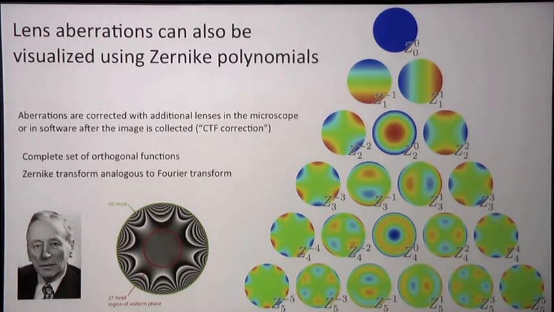But luckily there's a nice way to visualize lens aberrations. It was come up with by a very interesting fellow, this Dutch physicist here called Zernike. And Zernike is really famous because he invented the phase plate for optical microscopy. And I don't know if you know about this, but this actually caused a huge revolution in biology, because before he came up with this idea, you were basically left with stain.